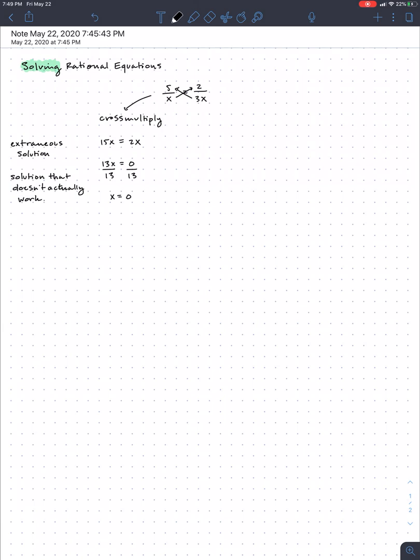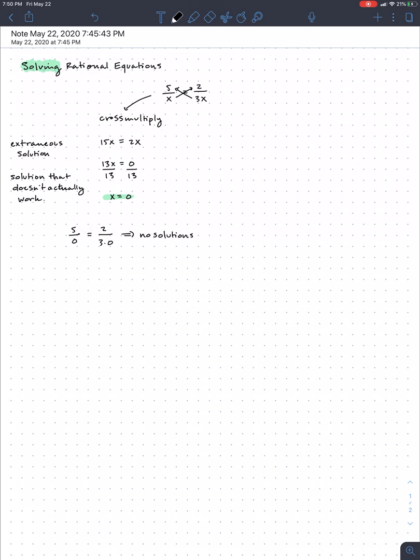If I were to plug x equals 0 back into my original equation, I would have 5 over 0 is equal to 2 over 3 times 0. Well, here's a weird thing. I can't divide by 0, so this actually would have no solutions, okay? So that's one way that we could solve that.